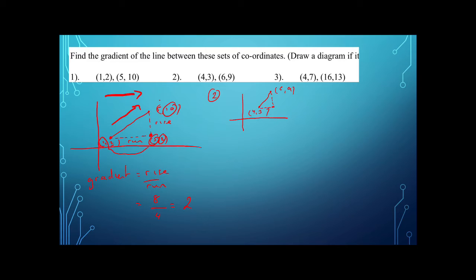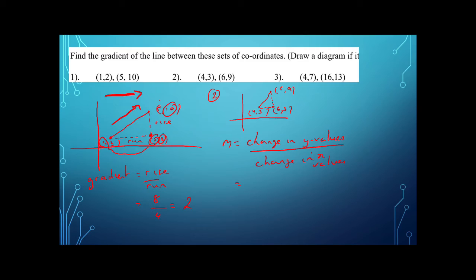Okay, I'm going to put that there, and that gives us an x value of 6 and a y value of 3. So the gradient, m, I'm going to write it as, is the change in y values over the change in x values.